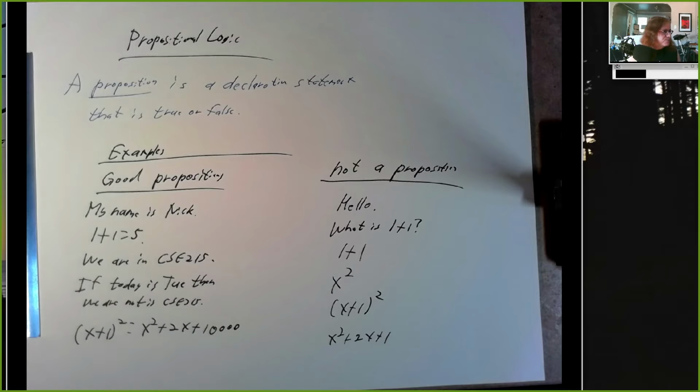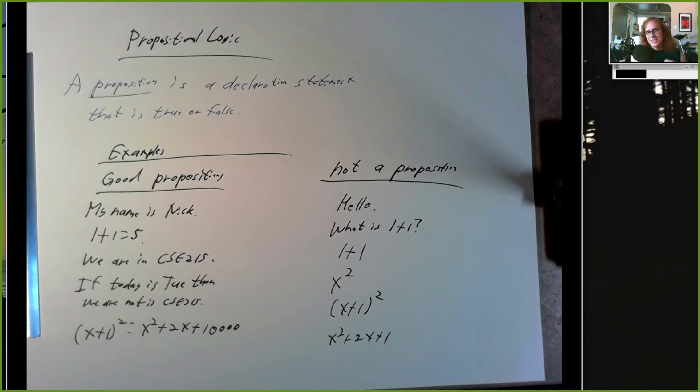Okay, this sounds pretty straightforward. Why am I beating the point so hard? Because the number one mistake that we'll make when we're writing proofs is writing things that are not propositions. And when we write a formal proof, every statement we write is going to need to be a proposition. It's going to need to be a declarative statement that has a truth value.